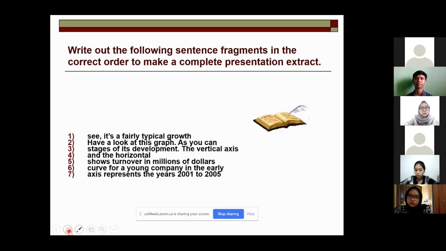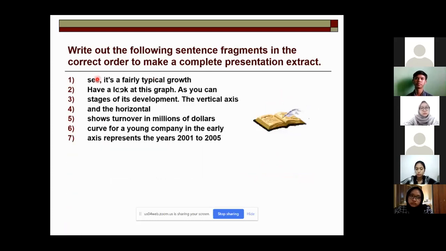This one. These kinds of puzzled sentences. What you should do now is write out the following sentence fragments in the correct order to make a complete presentation extract. These kinds of presentation expressions, how to show, how to instruct something in your presentation, are still puzzled.